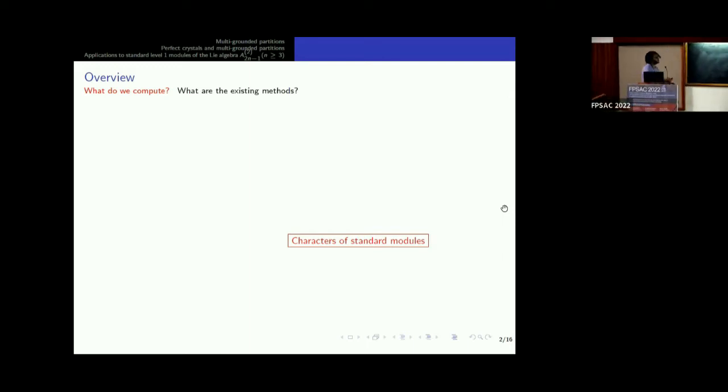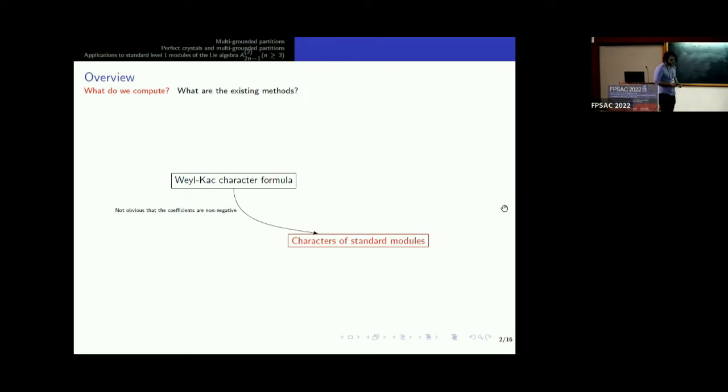What are the existing methods to compute these characters? The main formula that we know is the Weyl-Kac character formula. The character is at first a sum of exponentials of what we call the weights, so you have a sum with positive coefficients.